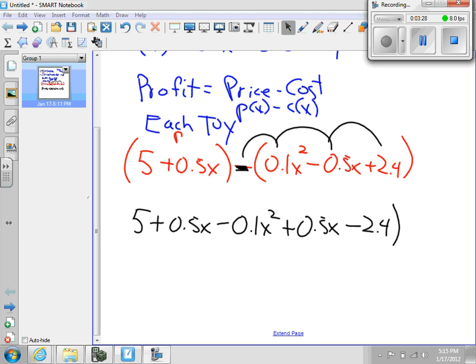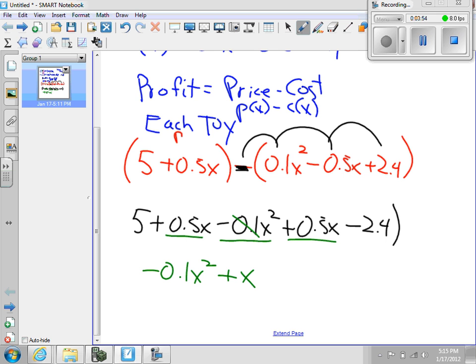Let's take a second here and combine our like terms. So I'll start with my highest power right there. That's the only one that's an x squared. So I have negative 0.1x squared. Get rid of that one. Now I have a couple terms with x in it, 0.5x and 0.5x again. That's going to be plus 1x, half an x plus half an x is a full x.